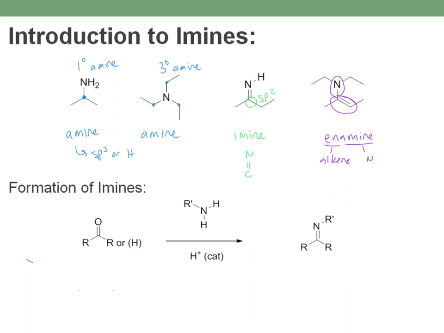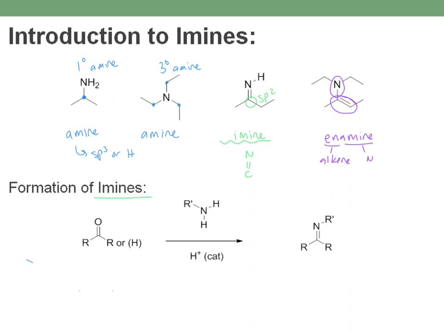So it's kind of like an ene-ol, where you had an alcohol on an alkene. An enamine is when you have an amine directly attached to an alkene. In this video, we are just talking about the imines with the I. So that's what we're going to be looking at here, right? So formation of imines, that's what we want to talk about. In other videos, I will talk about forming enamines, but this one we're focused on imines.